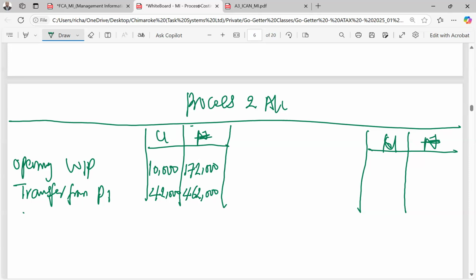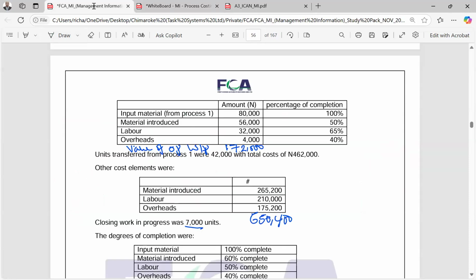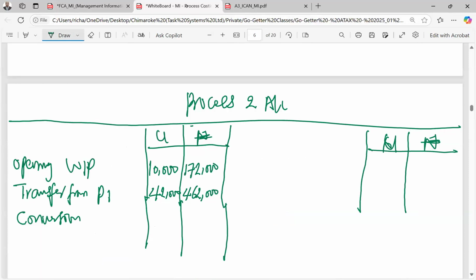Then we have conversion. So for conversion, 650,400. I think that was all we did. We closed the values here. And here was 52,000. And let's add.